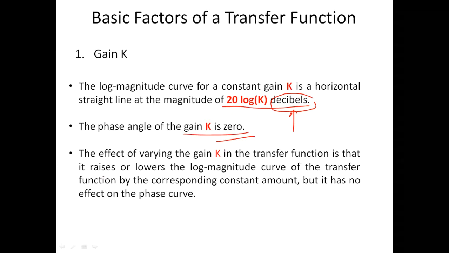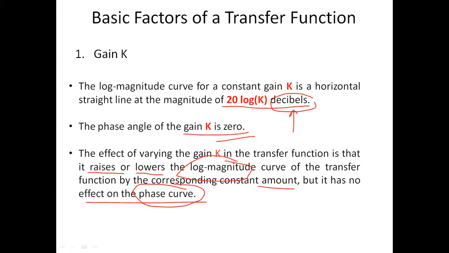The effect of varying the gain k in the transfer function is that it raises or lowers the log magnitude curve by the corresponding constant amount, but it has no effect on the phase curve.